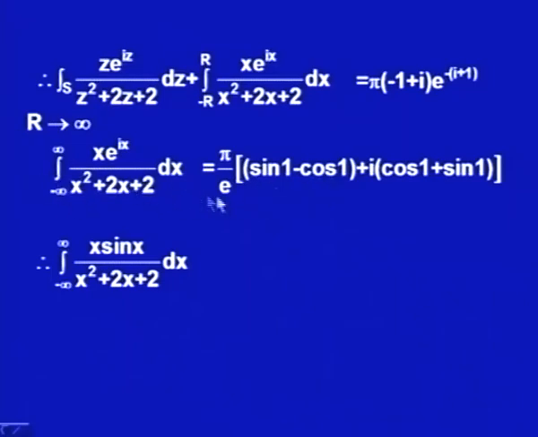Since sin x would come in the imaginary part, we equate the imaginary parts. So, the integral from minus infinity to plus infinity of x sin x upon x square plus 2x plus 2 dx is equal to pi upon e times cos 1 plus sin 1. So, we had evaluated this integral, where of course my function f(x) was not satisfying the degree condition. Let us see one more example of this kind.